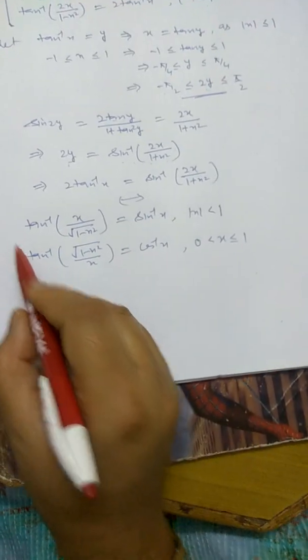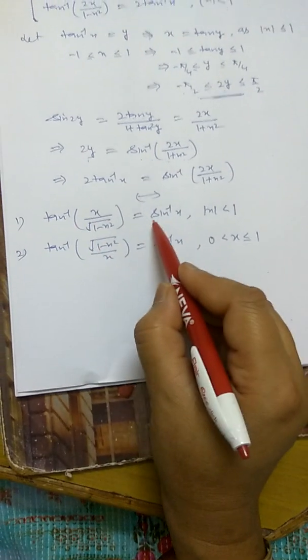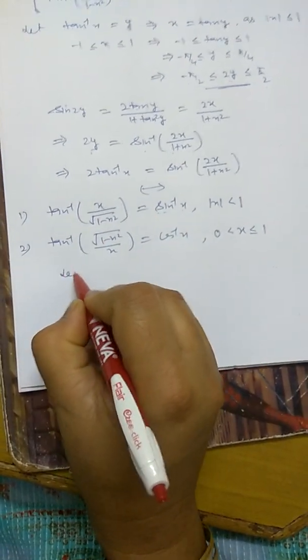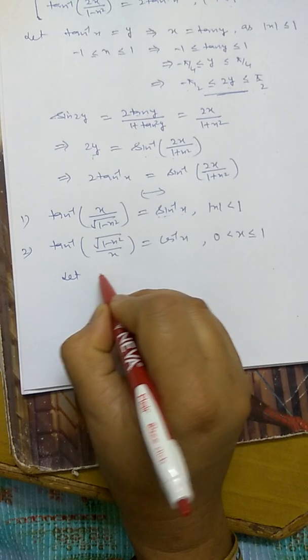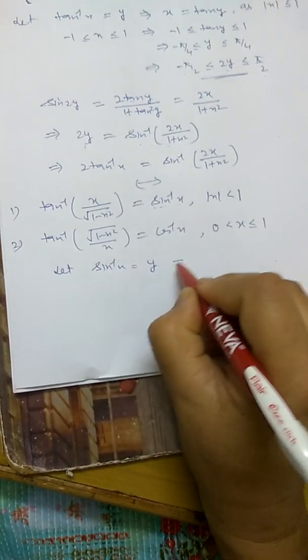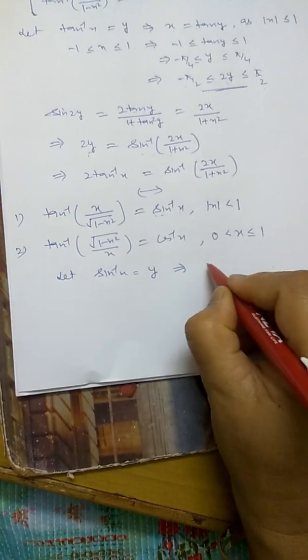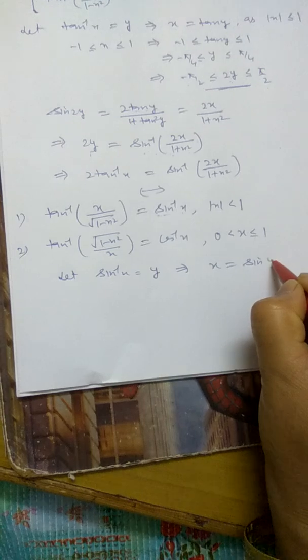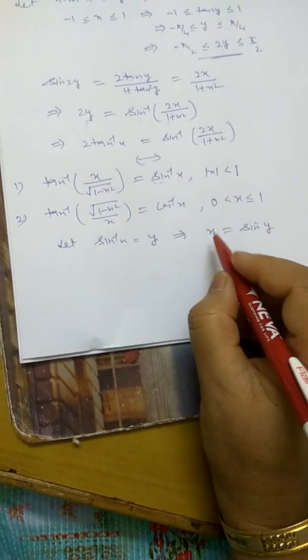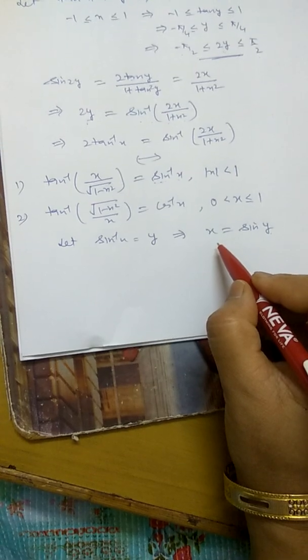And the proof for this one: here we have sin inverse x. Let sin inverse x is equal to y. It means x is equal to sin y. Here one more thing I would like to share with you.